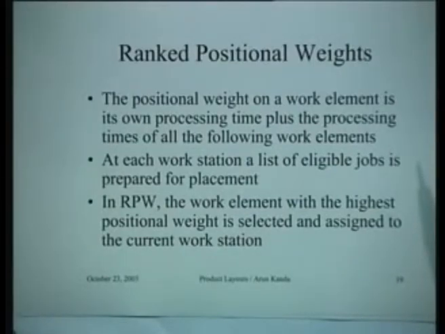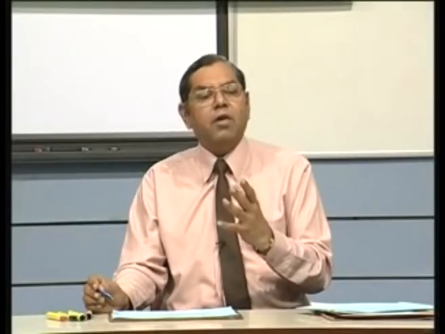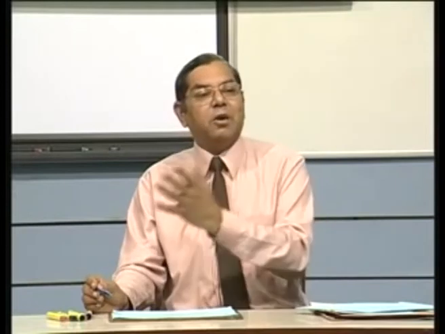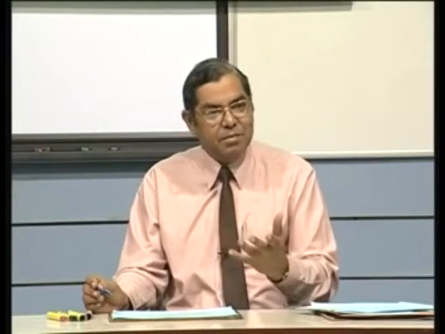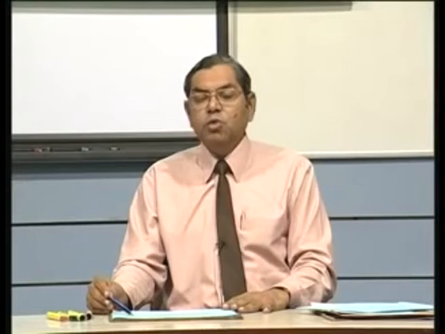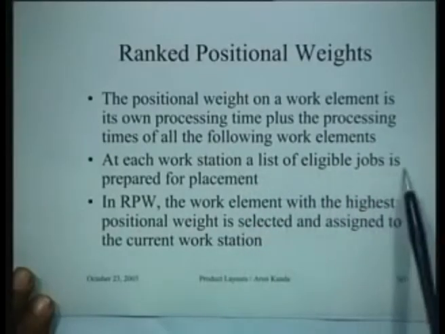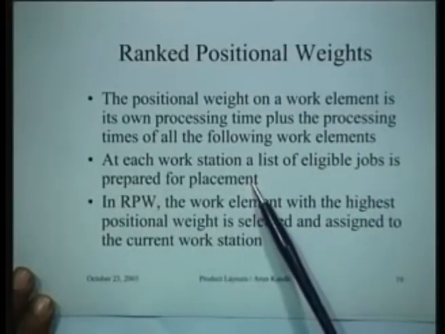The basic idea is that the positional weight will give you an idea of how much time it will take, at least, to go to the end from that operation. That's the idea. And this is used subsequently in defining your priority for assigning jobs to workstations. That's the only thing. So at each workstation, a list of eligible jobs is prepared for placement.